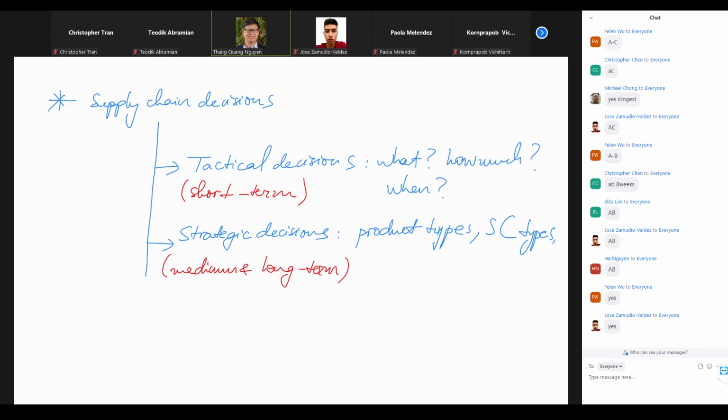And then another important decision is the modes of transportation. And another important topic here in strategic decision is, do we produce it or do we outsource it? Do we produce it or do we hire another company to do it for us?